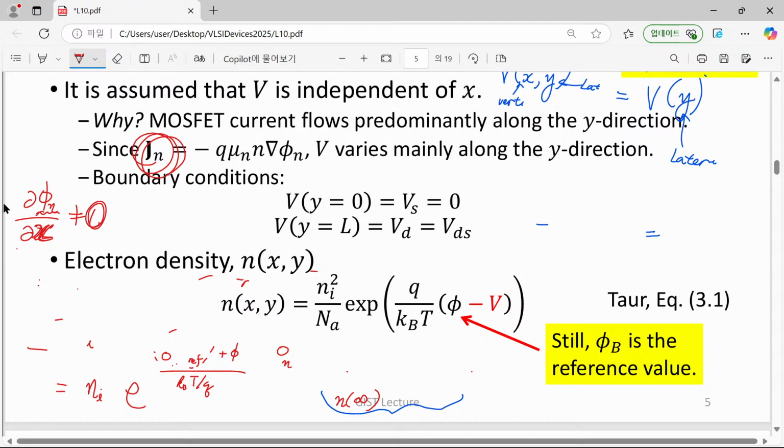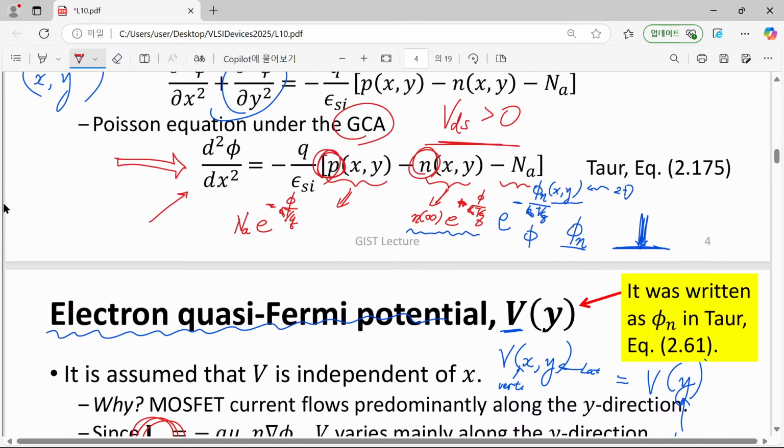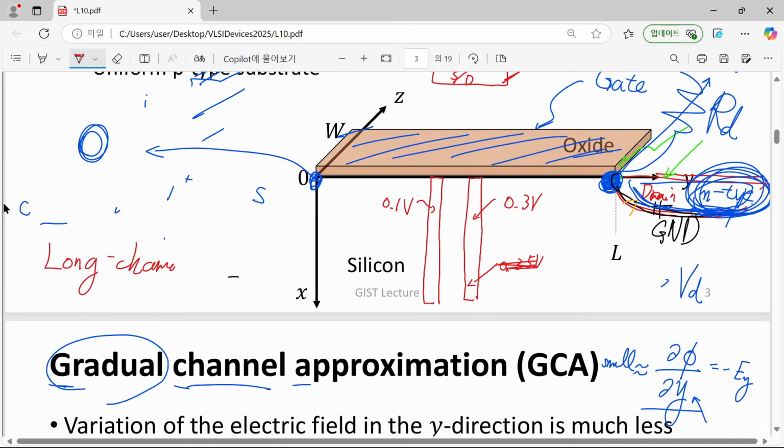That is quite an obvious consideration. For example, as I told you before, let's say this is 0.3 and this is 0.1 volt. If we have two different quasi-Fermi potentials at these 2 points, then there will be current conduction along this vertical direction.